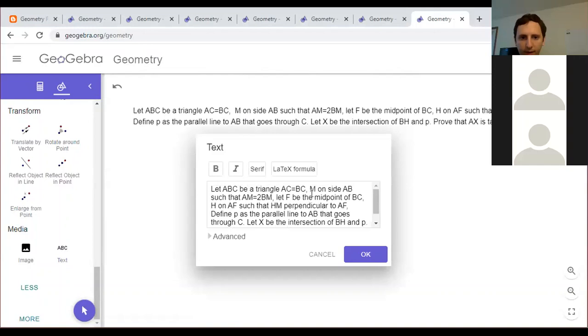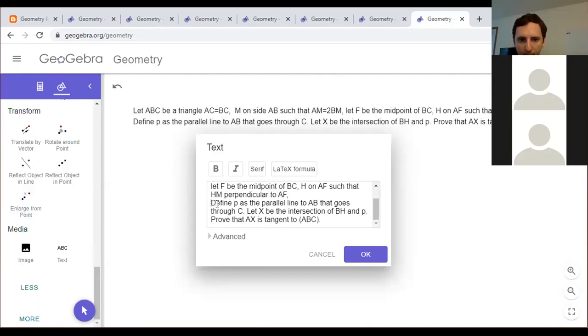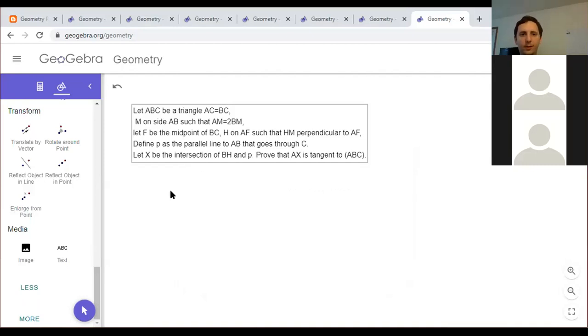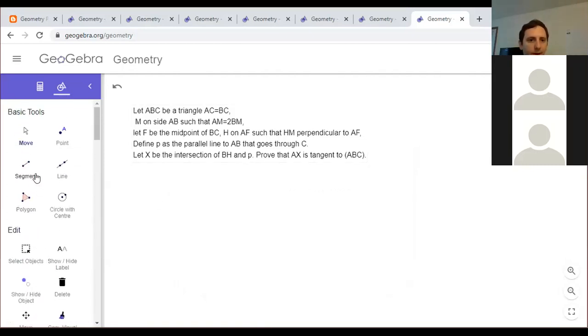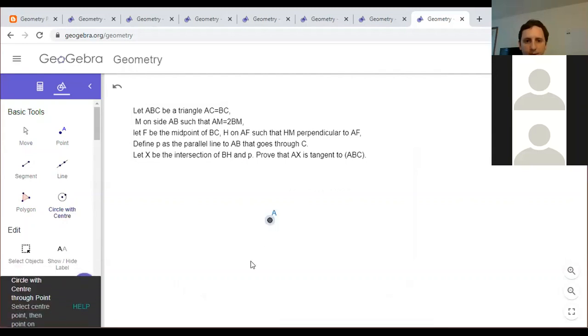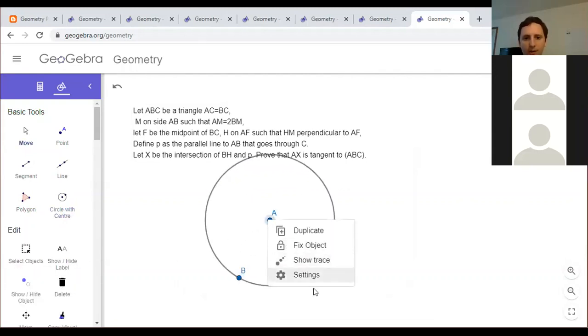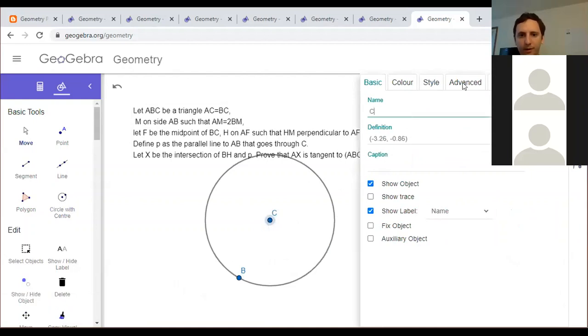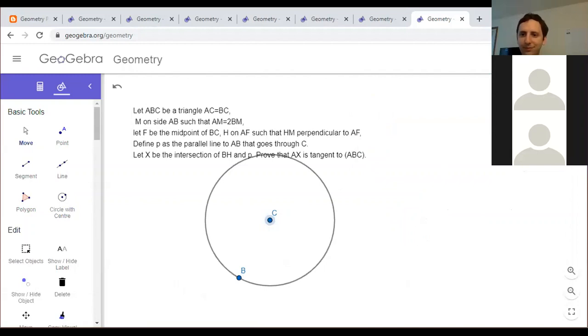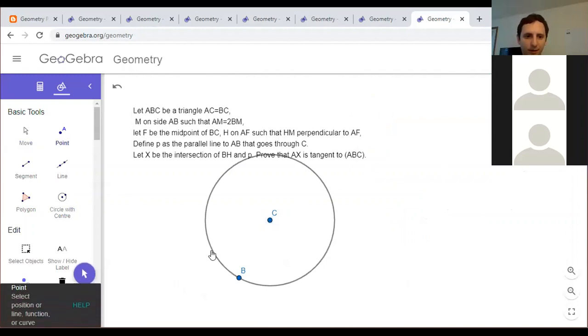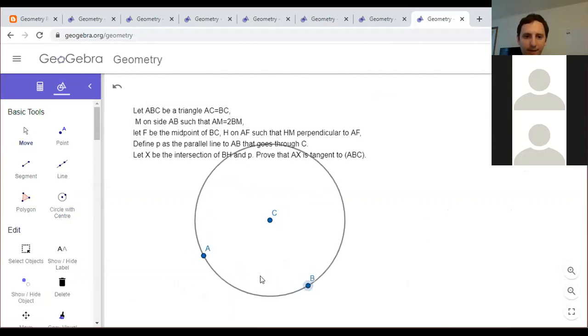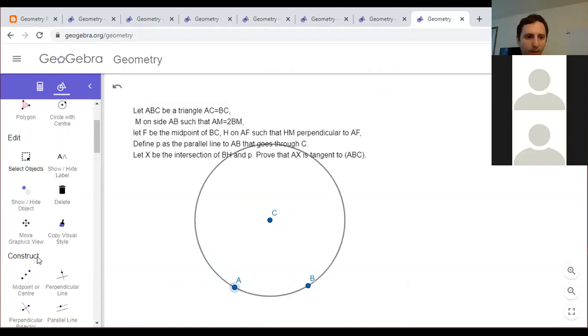I did not LaTeX this yet. Okay, so we have an isosceles triangle. Let's call this C, and that's A and B. M is the midpoint of AB.